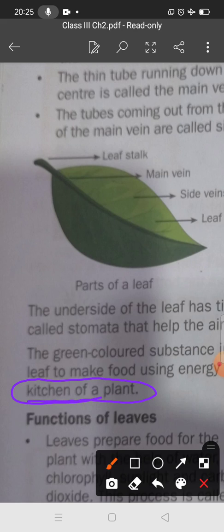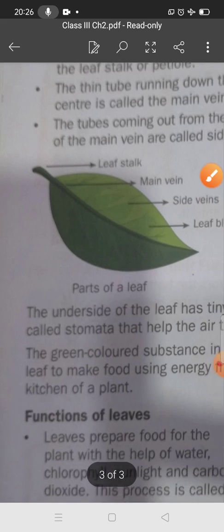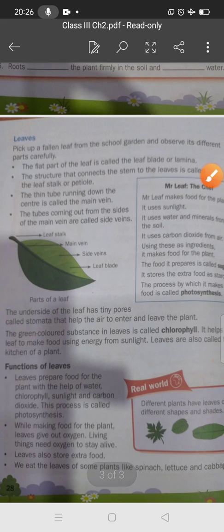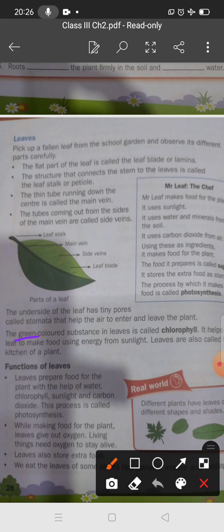The leaves are green in color because they contain a green pigment, chlorophyll. So the green color substance in leaves is called chlorophyll, and it helps the leaf to make food using energy from the sunlight. It is also called the kitchen of the plant and the food factory of the plant.